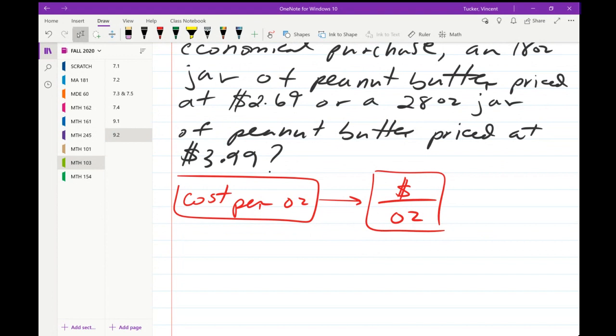So the first one, we have an 18-ounce jar of peanut butter, and it's priced at $2.69. So it's going to be $2.69 on top, 18 ounces on bottom.